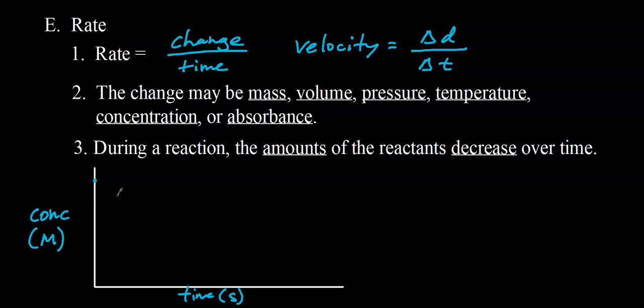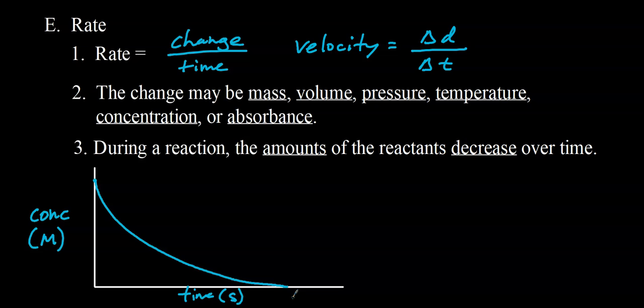And so what we end up with is something like this. Oops, let's go down to zero there. Eventually you end up with no reactants, let's say. So this would be a typical graph if we graph the concentration of a reactant over the time of a reaction. So we get an exponential decay or a hyperbola.